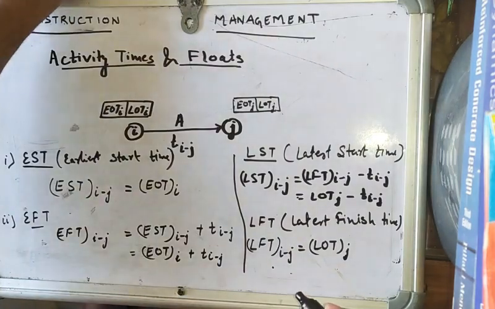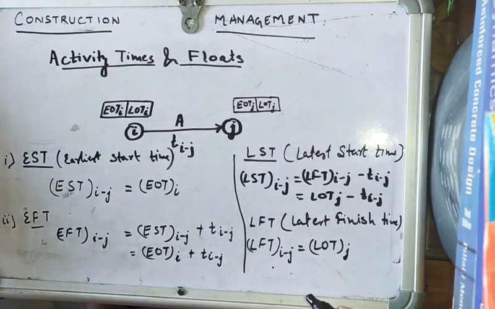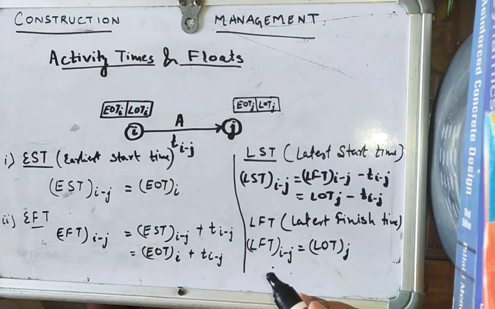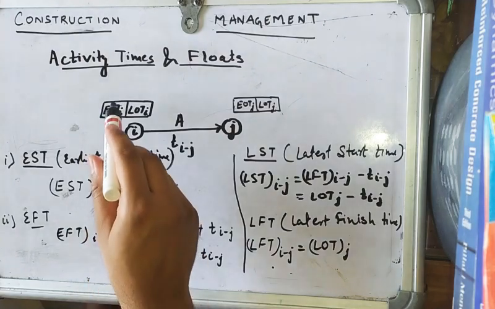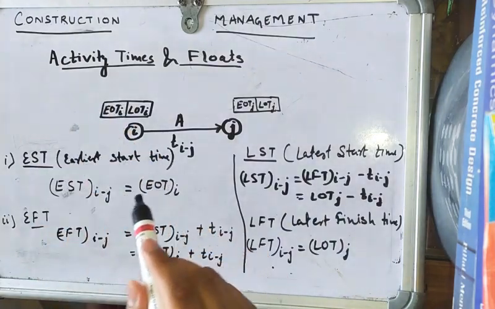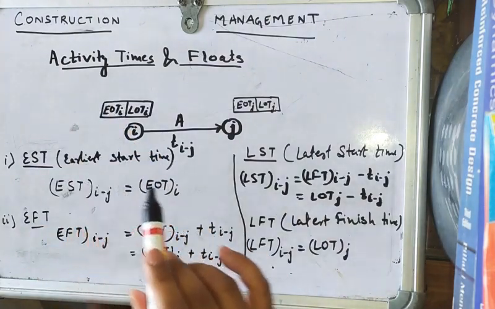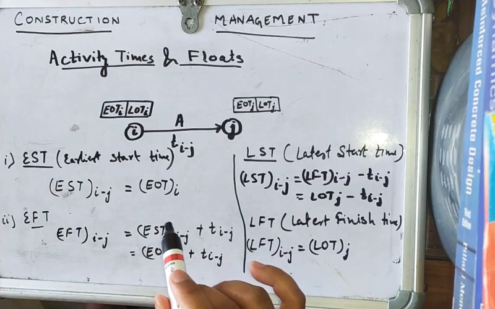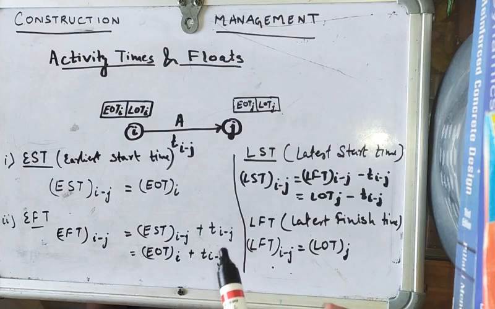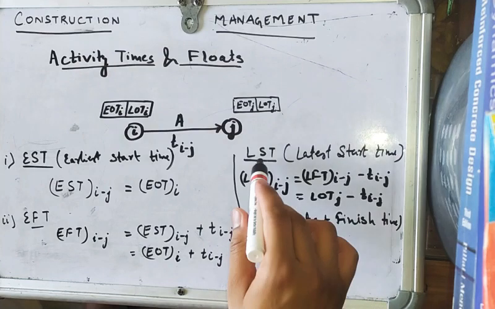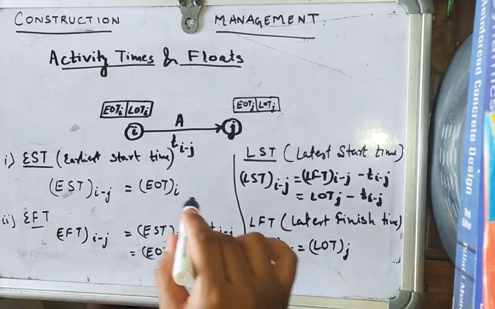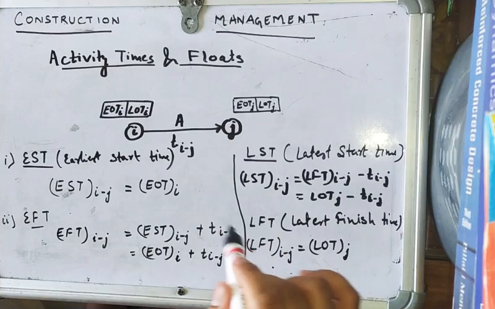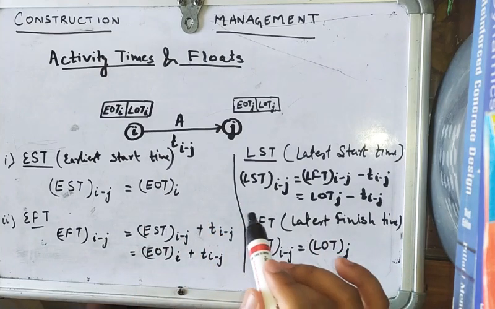So these are the four activity times. Let us just focus on this particular aspect: earliest occurrence time and latest occurrence time, these two times are defined for events, and earliest start time, earliest finish time, latest start time, latest finish time, these times are defined for activities. This is the primary difference.